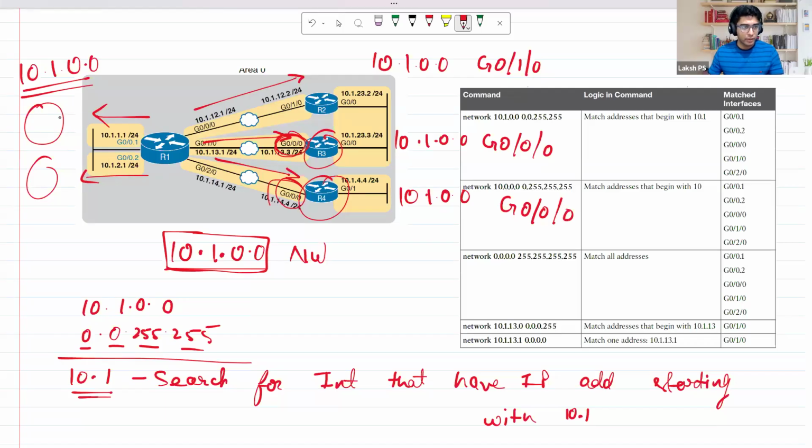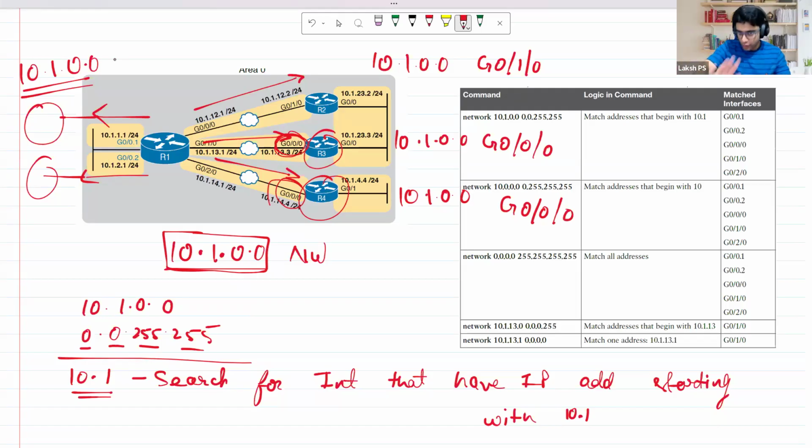Whatever the receiving interfaces are, that will be populated. So this is how OSPF is using the network command and the wildcard mask combination to advertise a particular network, thereby helping the other routers populate their routing tables.